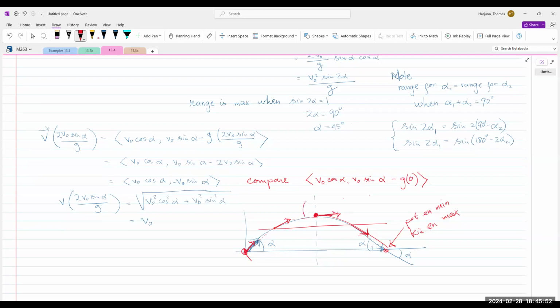So at this point, the velocity is v naught cosine alpha, 0. In other words, the minimum speed of the projectile happens when it reaches the maximum height, and at that height the speed is v naught cosine alpha.